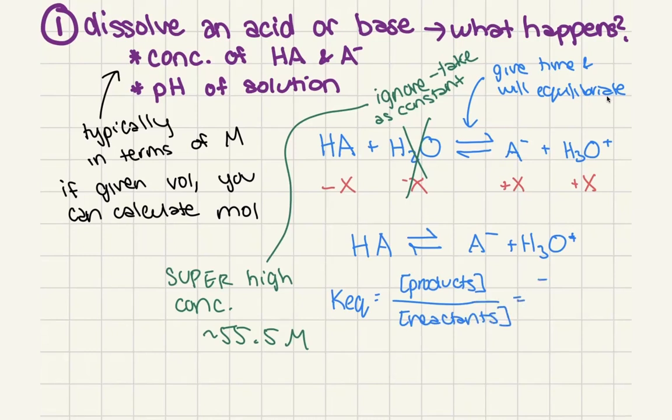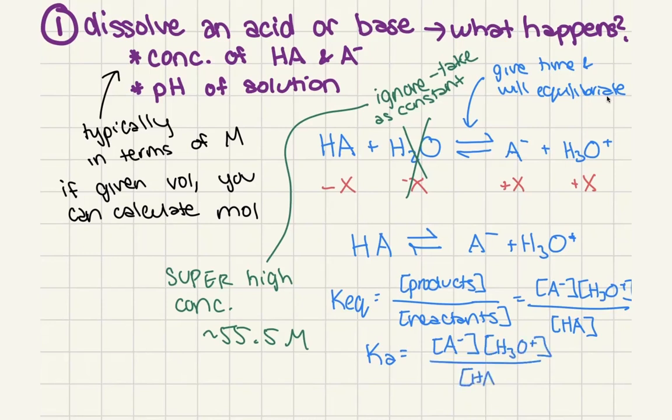In this case, that would be our A minus, or conjugate base, times our proton concentration, all over our HA. So this is our equilibrium constant. And remember that in the case of an acid dissociation, this is also equal to our Ka. So we can say that the Ka is going to equal the concentration of A minus, H3O plus, all over HA.